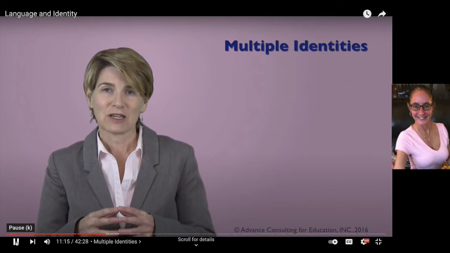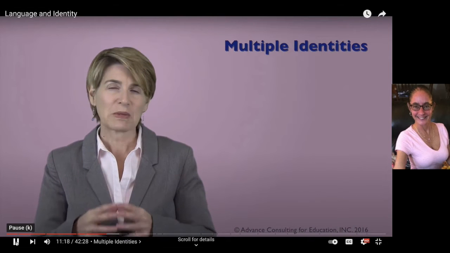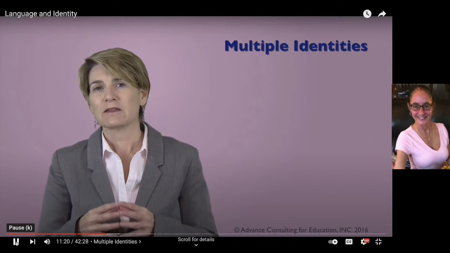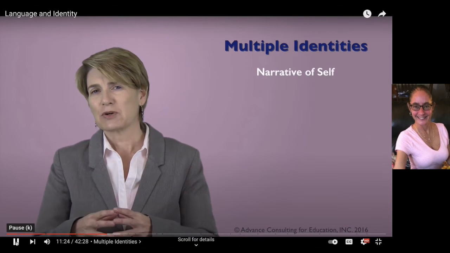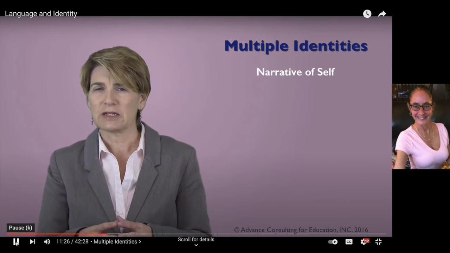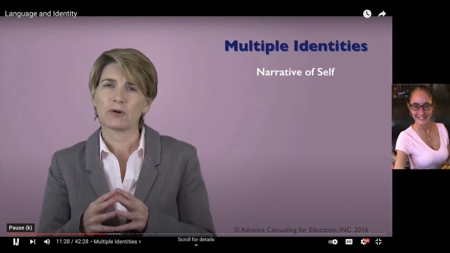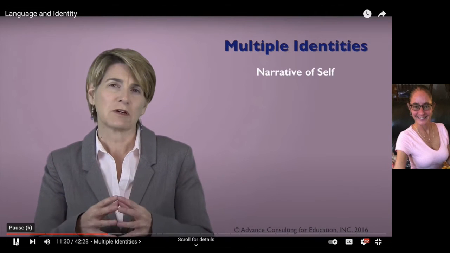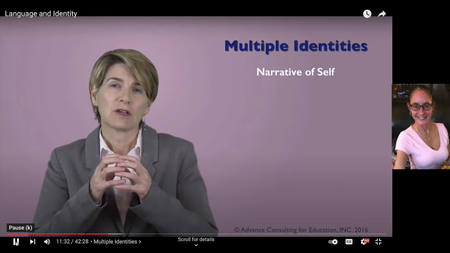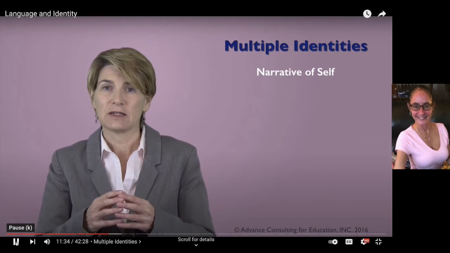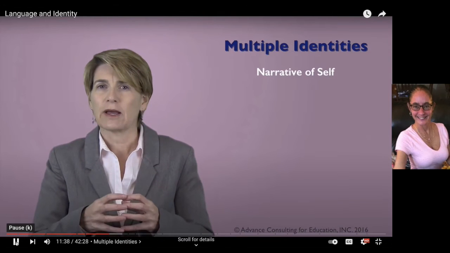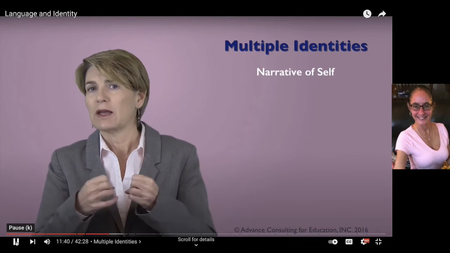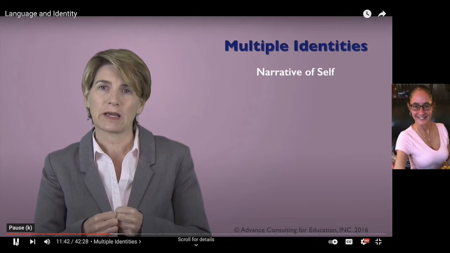In order to fully understand multiple identities, there's one other piece we need to add in, and this is a concept called narrative of self. If each person is juggling multiple identities, it's really hard for that person to hold himself or herself together as a unified entity. So if you've got all these different identities going on in you, how do you really hold yourself together and say, at my very core, this is who I am?